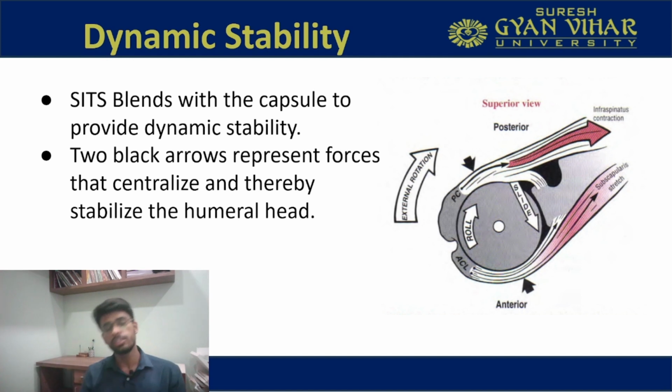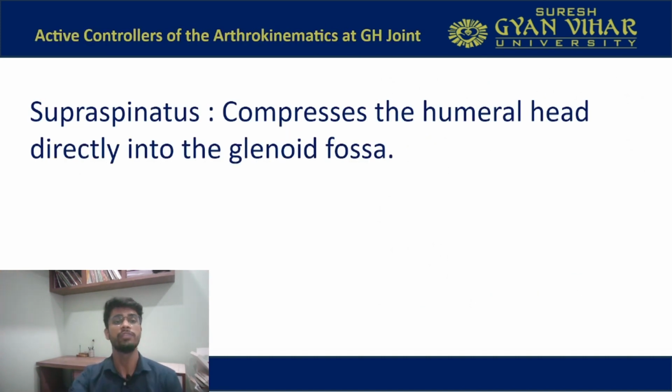The dynamic stability is possible because of the centralization of the humeral head, and this centralization is achieved by the forces coming from the anterior and posterior sides, because the muscles are blending with the capsule and there is a force compressing from either side and maintaining this centralization of the humerus. This is why the dynamic stability is achieved by the supraspinatus, infraspinatus, teres minor and subscapularis. So this was the example of the dynamic stability.